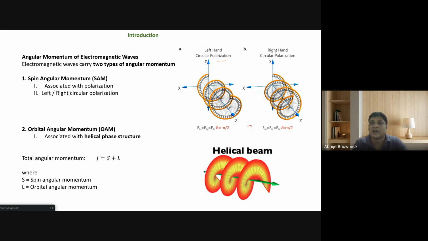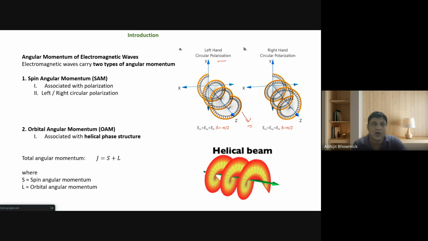Whereas right hand polarization goes in the clockwise direction. The wave is propagating along this direction, but it is rotating either anti-clockwise or clockwise. So this is polarization.